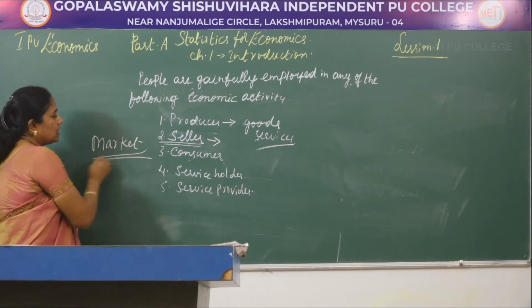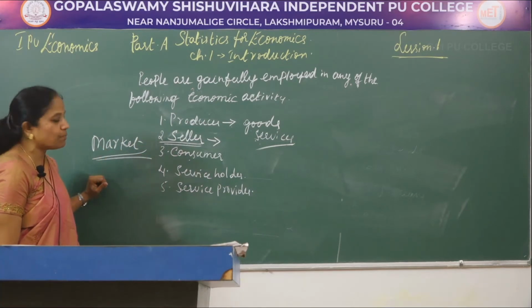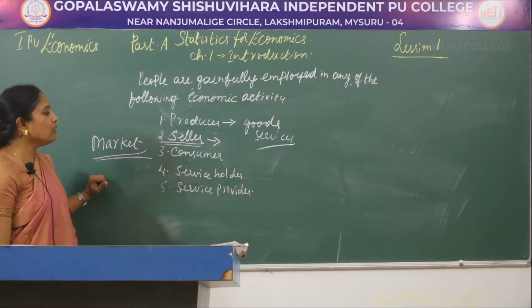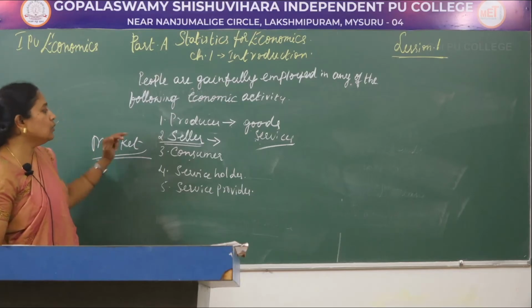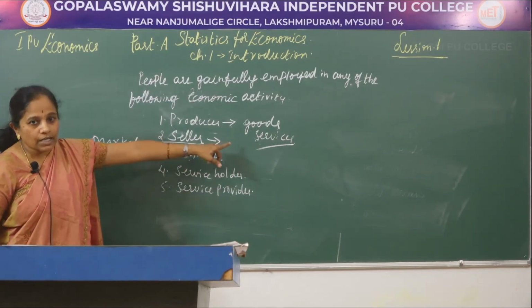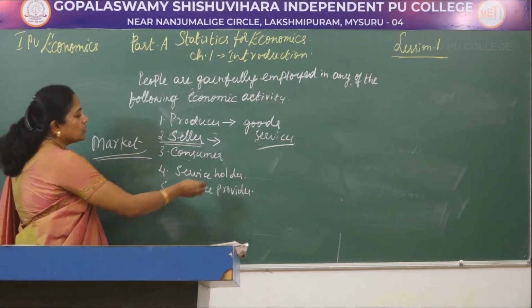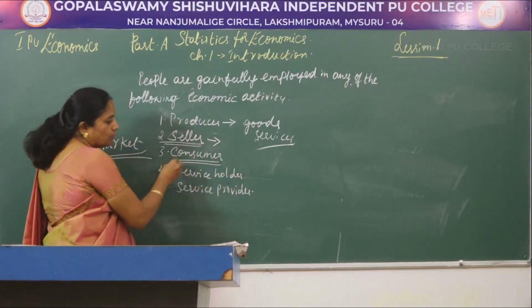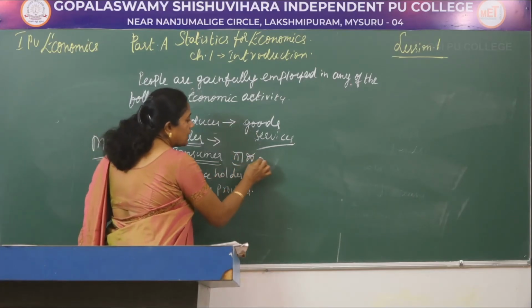A market area is a place where we can see both sellers as well as buyers meet together. Whoever has a need for certain goods will go and buy there, and whoever has goods that are in demand will sell them in that market. So the third one is the consumer. Consumer is nothing but what we call grahaka.